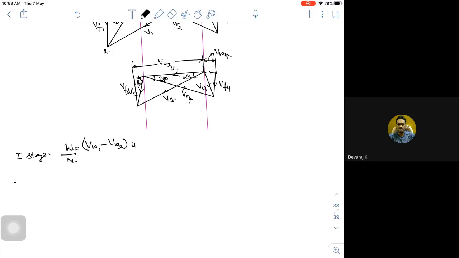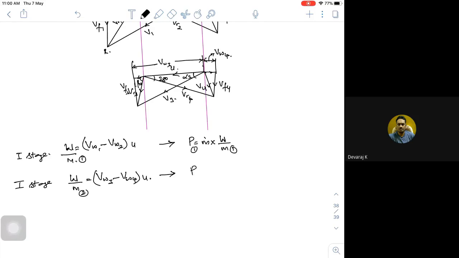Then for the second stage, W by M is equal to VW3 minus VW4 into U. Then what is the power? Power for the first stage is equal to mass flow rate into W by M for the first stage. Power for the second stage is equal to mass flow rate into W by M for the second stage.